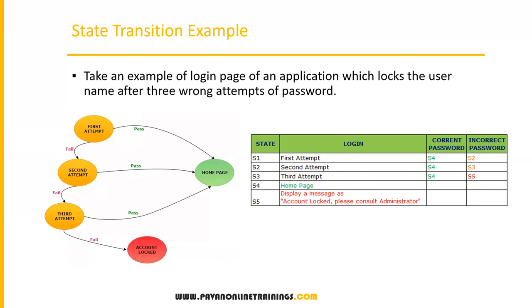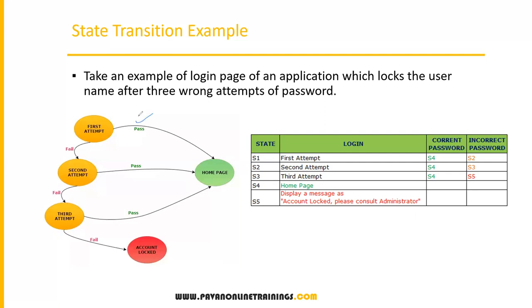If I just look at this, I have a small picture. So take an example of a login page of an application or some ATM, which locks the username after 3 wrong attempts of password. Okay, this is my requirement or scenario. Now, first we need to check the different states. When I enter the password the first time, if it is correct, it should allow.